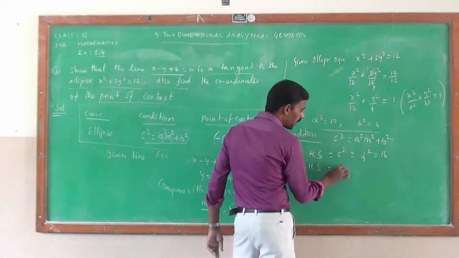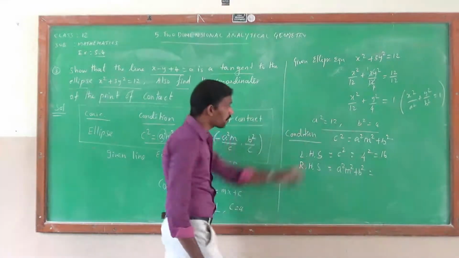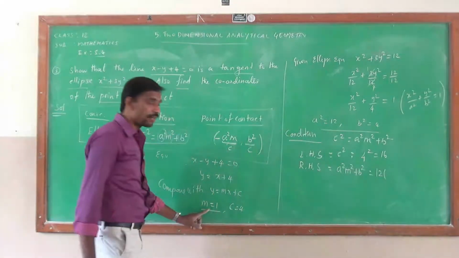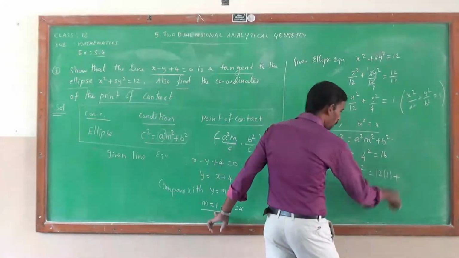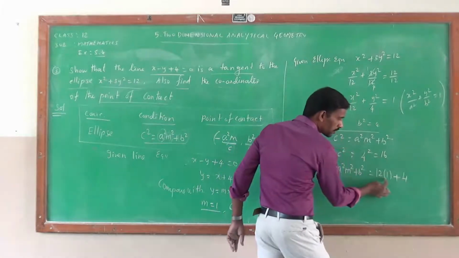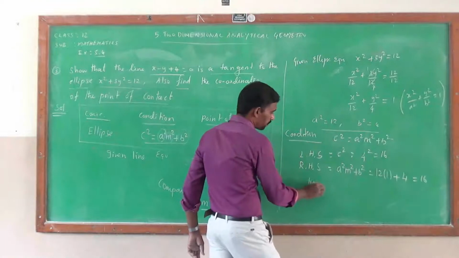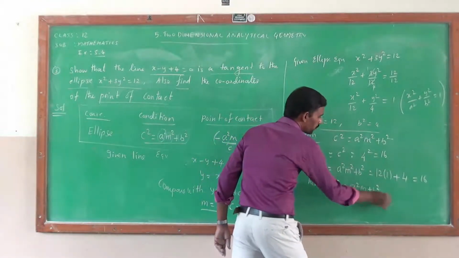RHS, what is RHS? a square m square plus b square. What is the value of a square? 12. m is nothing but 1, so m square also 1. So 12 into 1 plus b square. b square is nothing but 4. So 12 ones are 12, 12 plus 4, 16. Hence, c square is equal to a square m square plus b square.